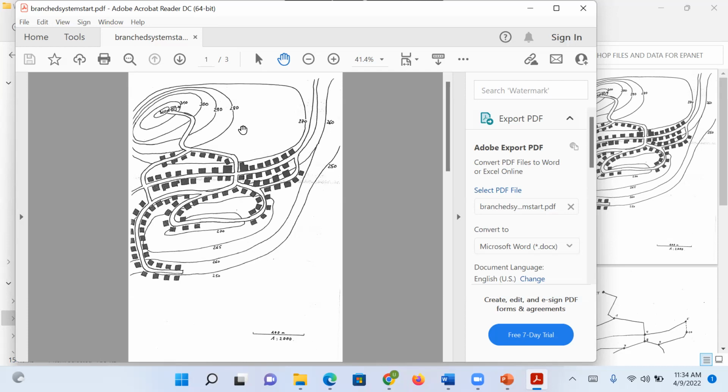But let's assume all of them are residential. But this one, I'll assume it to be 3 houses in one. So if you count 1, 2, 3, 4, 5, 6, 7, 8, 9, 10, 11, 12, 13, 14, 15, about, let's use 15 houses.